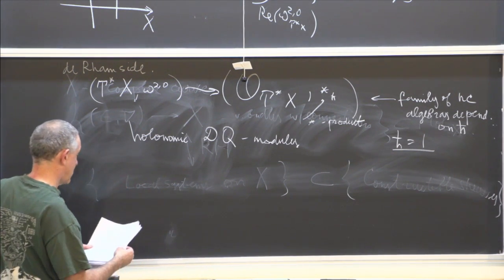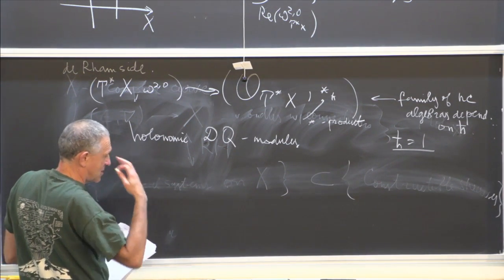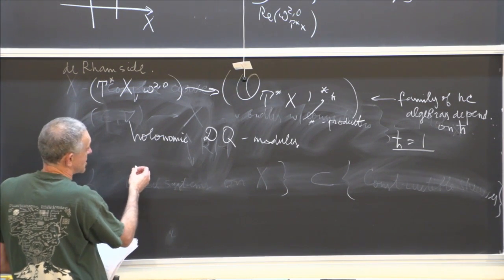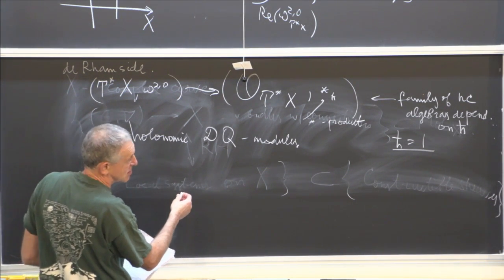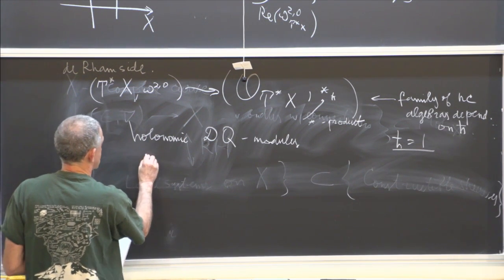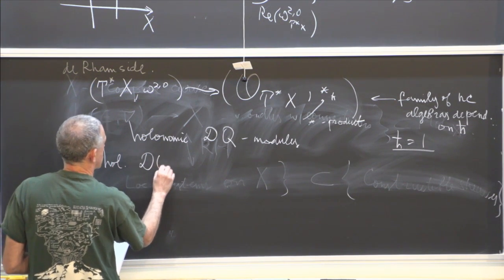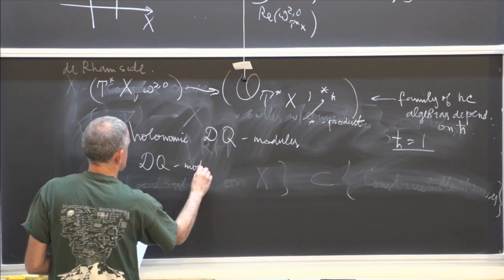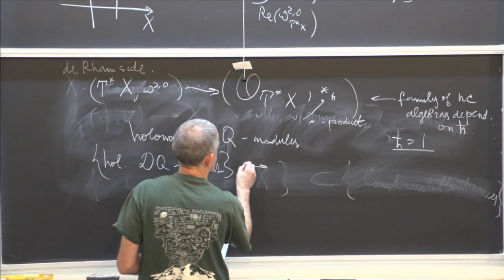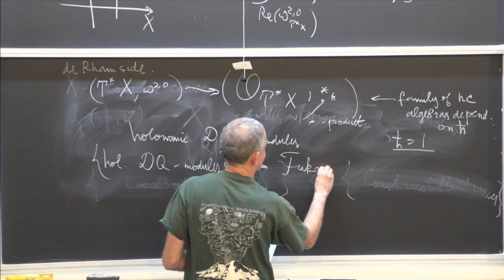All right, so therefore, a kind of hypothetical and not precise Riemann-Hilbert correspondence, maybe depending on the parameter h, if you would like, should say that holonomic DQ modules are the same as Fukaya categories.